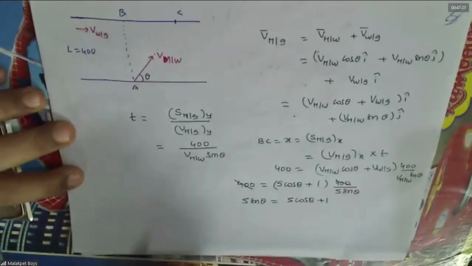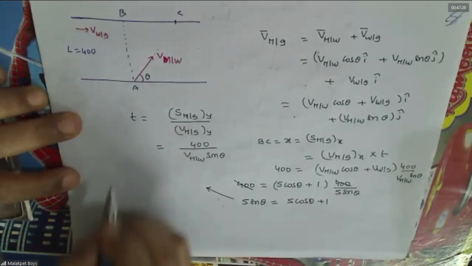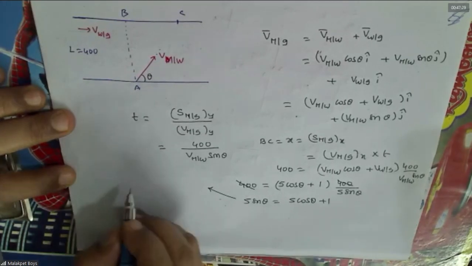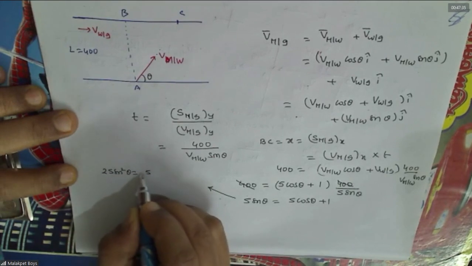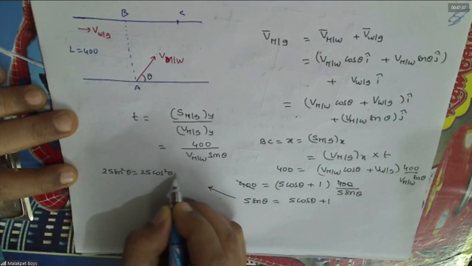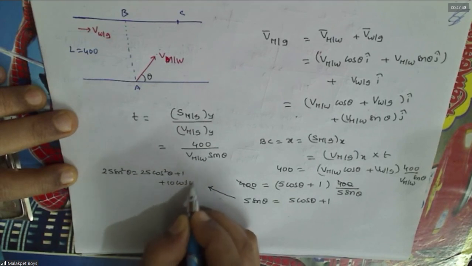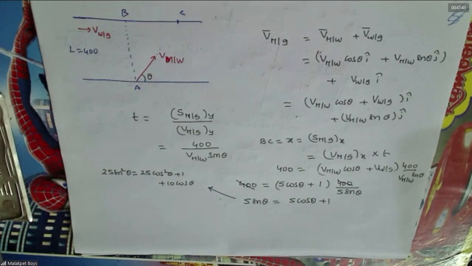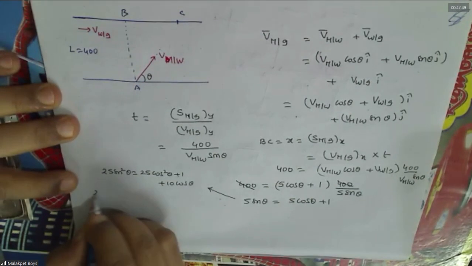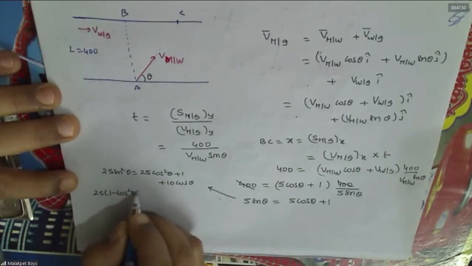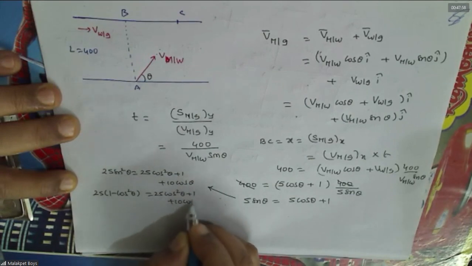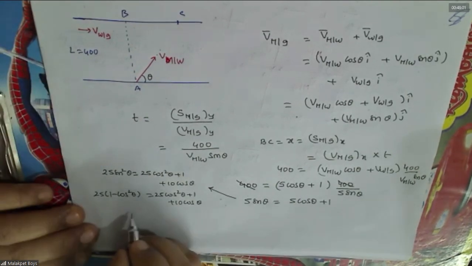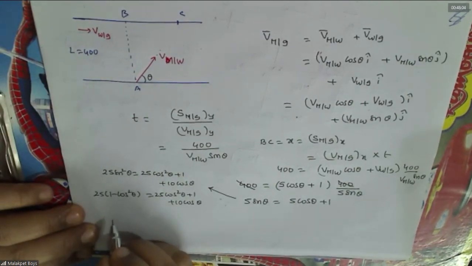Yes, sir. Now you know trigonometry, just square this and find out. This is 25 sin square theta. You finish your trigonometric equations. This can be taken as 25 into 1 minus cos square theta, equals 25 cos square theta plus 1. Getting this or not? So finally you get an equation.